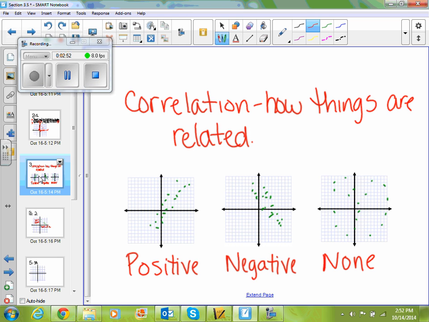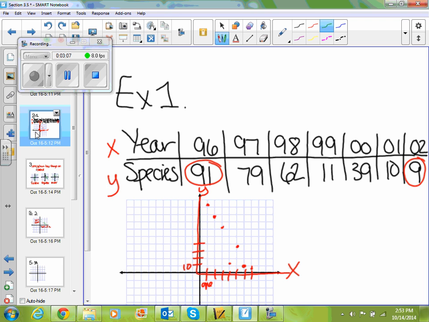Okay, so when it's positive, they're trending up. When it's negative, they're trending down. And when it's none, they're just all over the place. Okay? So if we go back to my first graph, what type of correlation was this when we graphed it? Negative. They're all going down. Since we said they're going down, it's negative.